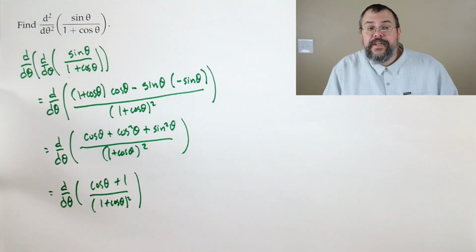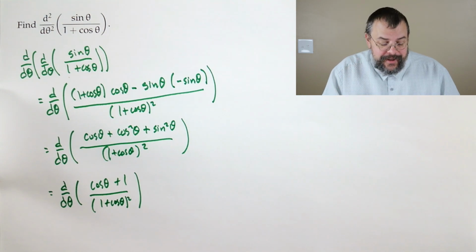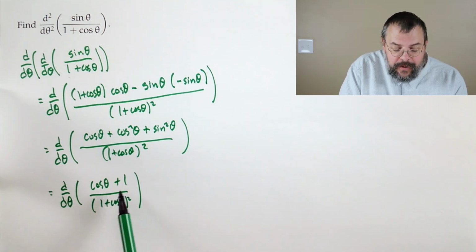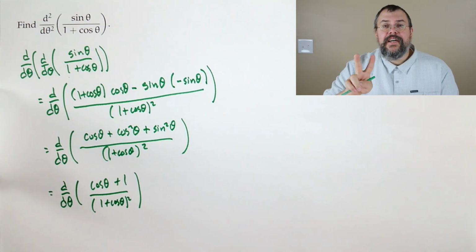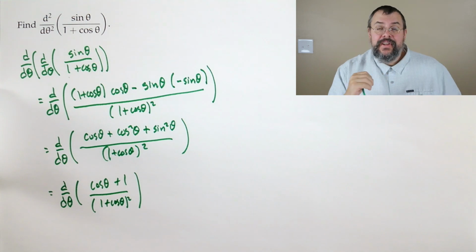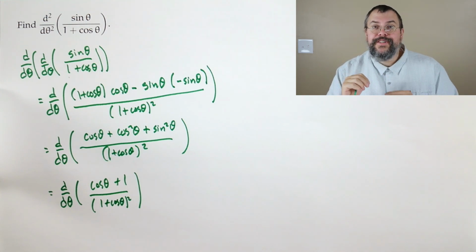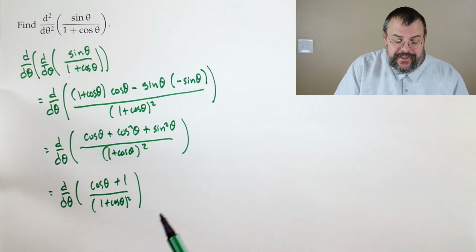All right, how do we finish simplifying? Can we do any more? We can do one more thing. You see that cosine theta plus 1, it doesn't matter what order we write things. So cosine theta plus 1 is the same as 1 plus cosine theta. So I can switch the order, and the point here is I can get a cancellation.